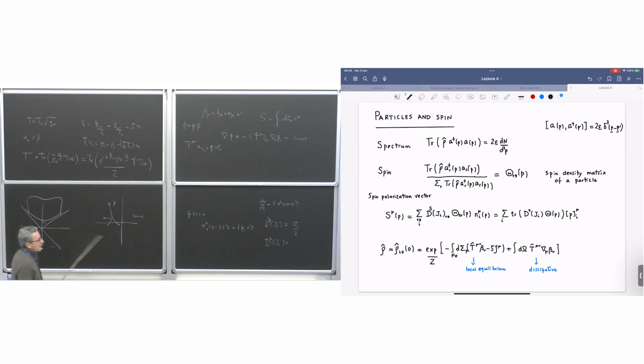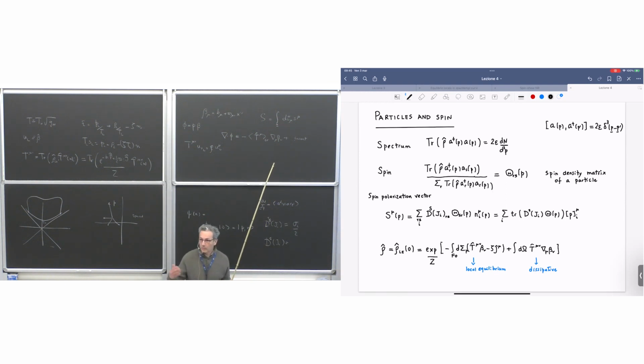Good. So that is what we have to do. If we want to make a calculation of spectra and spin, we have this operator, and we can neglect this term at the beginning and focus just on local equilibrium, and then perhaps include the dissipation correction in a more evolved or more correct calculation.